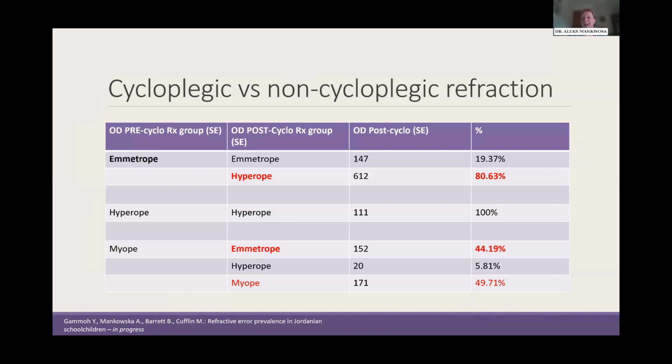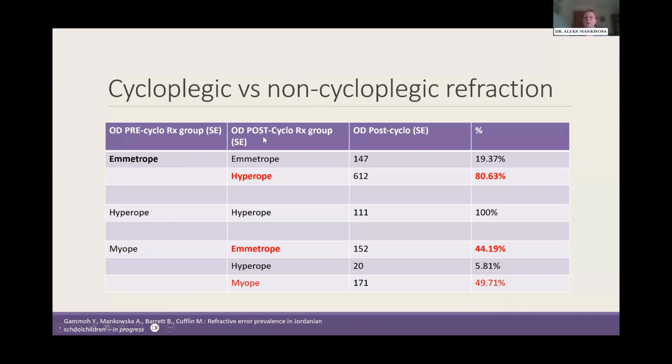And whilst we're talking about refractive error assessment techniques, I think we must also consider the importance of the use of cycloplegia, in particular in our younger patients. And here I'm returning to our data from Jordan.